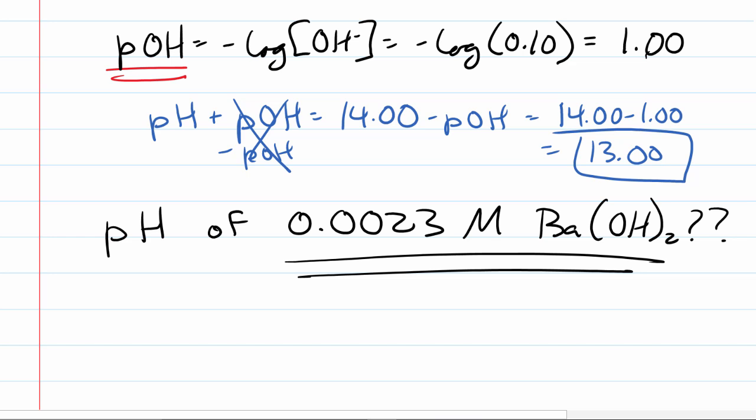Of course, now when you look at this, one has how many hydroxide ions? 2, which means you're going to take the concentration and multiply it by 2.